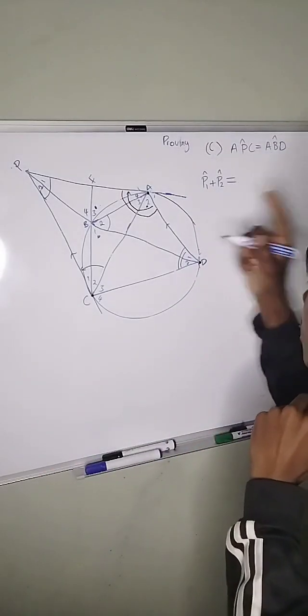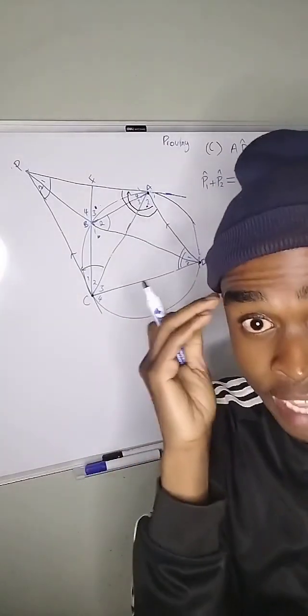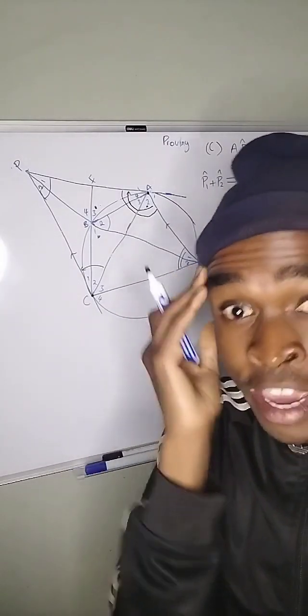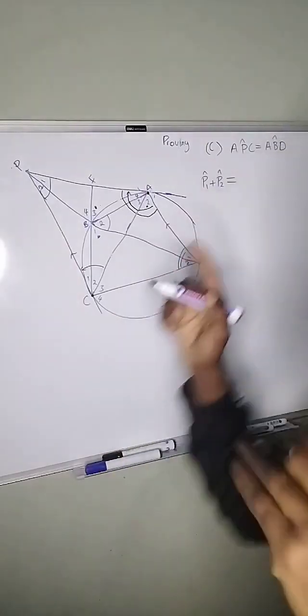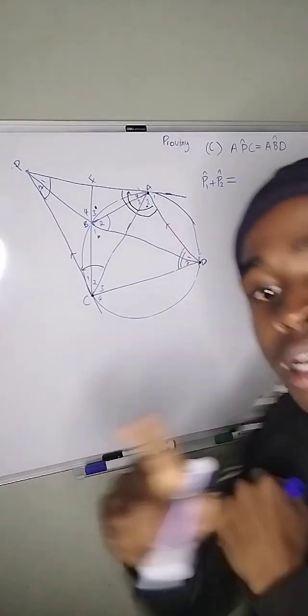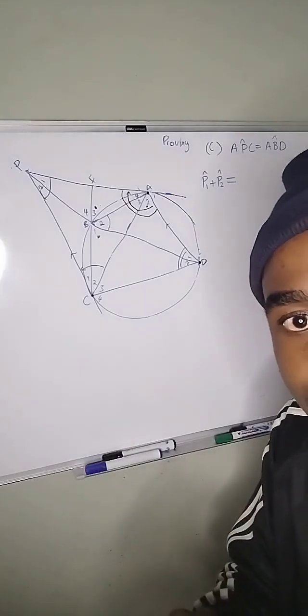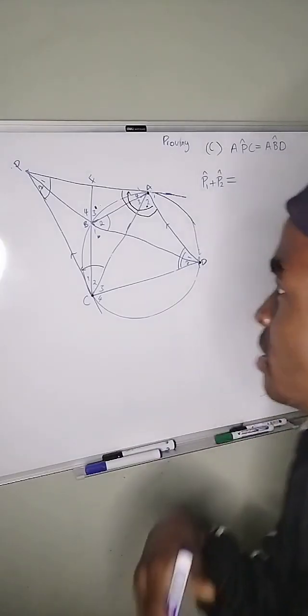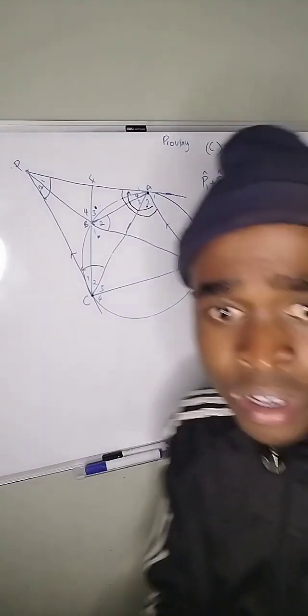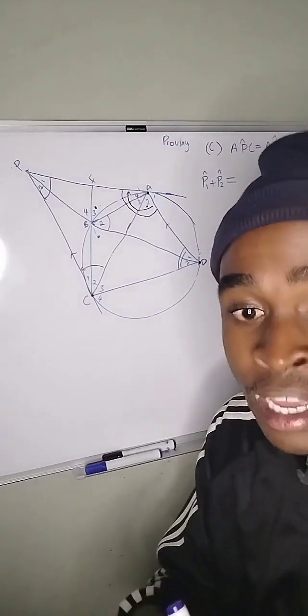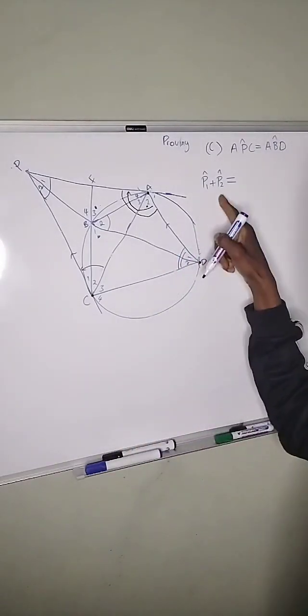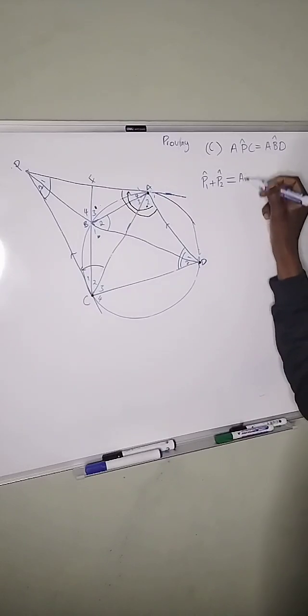So what is this equivalent to? You have that F in your mind, right? So what is P1 plus P2 equivalent to? Yes, you are very correct, my friend. P1 plus P2 is going to be equal to A1.